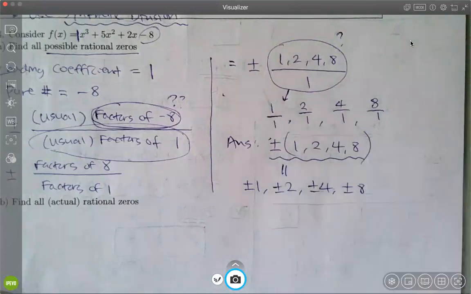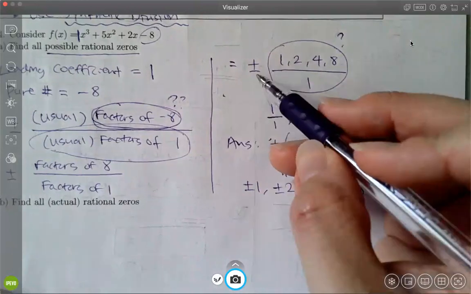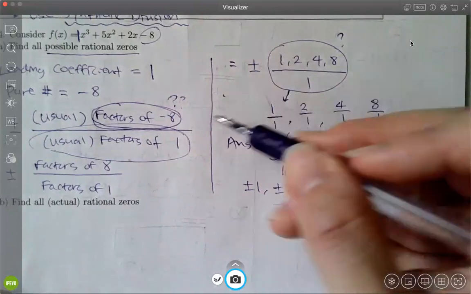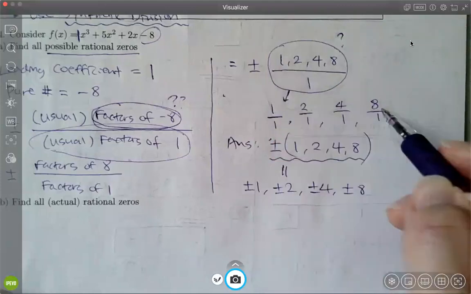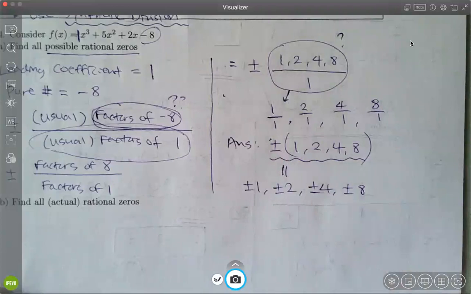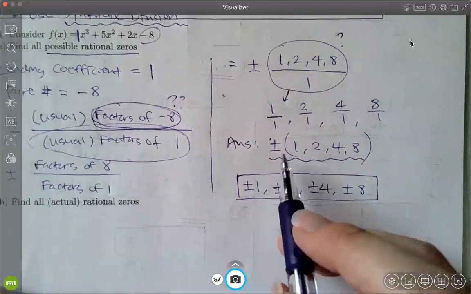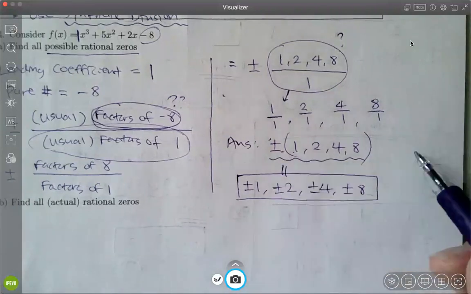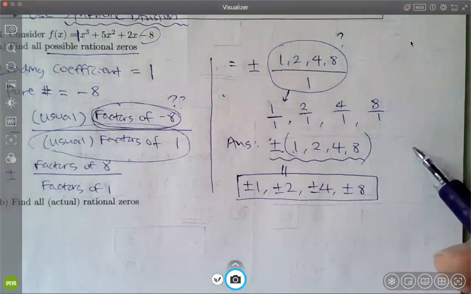Okay, so just for convenience, I wrote plus minus in front of the whole fraction, but that plus minus actually applies to each of the candidates. Okay, so we have to specify like this, because if we just write plus minus 1, 2, 4, 8, then that kind of sounds like it's 1 and -1 and then 2, 4, 8. Okay, there's no -2, -4, and -8. But that's not the case, right? Okay, so it's plus minus 1, plus minus 2, plus minus 4, and plus minus 8.